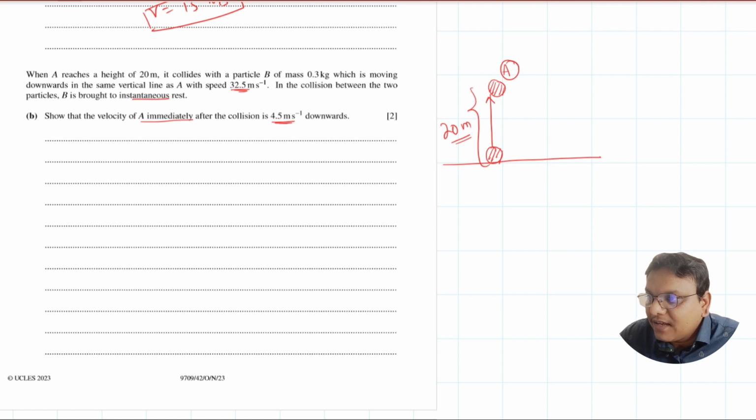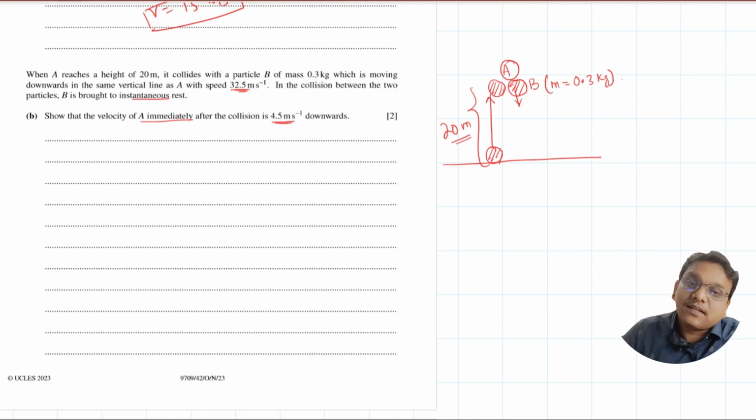Now it collides with the particle B. There is one more particle already there, which is B, with mass 0.3 kg. Try to understand this. It collides with each other, correct? B was moving downwards like this, in the same vertical line, with the speed of 32.5 meter per second.